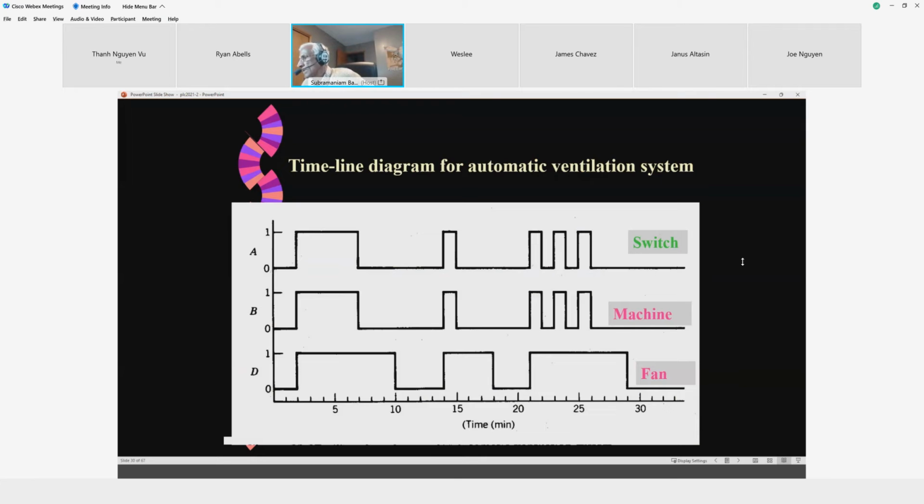Okay. Do we go to the truth table? Yes, you can go to the truth table. I'm going to show you variations. So in this problem, I'm going to first put the timeline diagram to understand this problem before I start working on the logic.